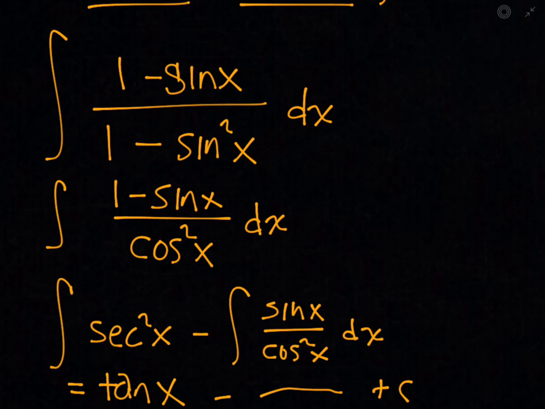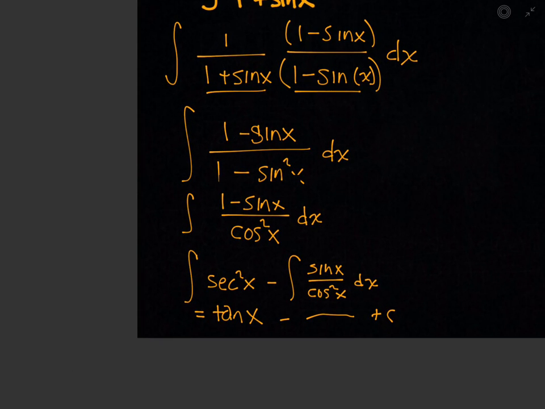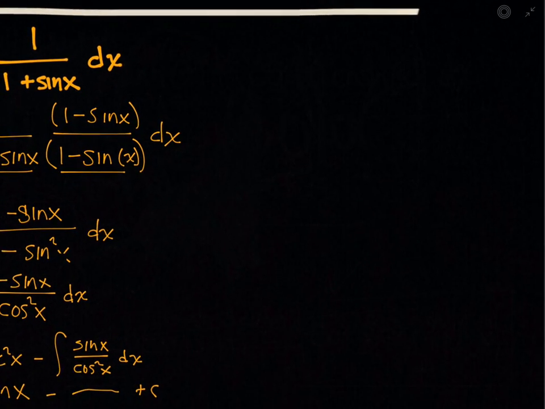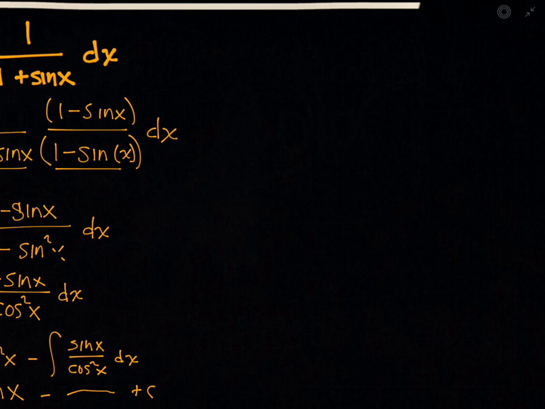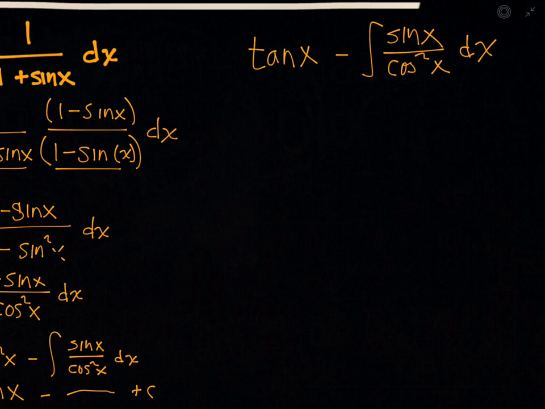I'm going to go ahead and rewrite all of this over here. So I have tangent x minus the integral of sine x over cosine squared of x dx.